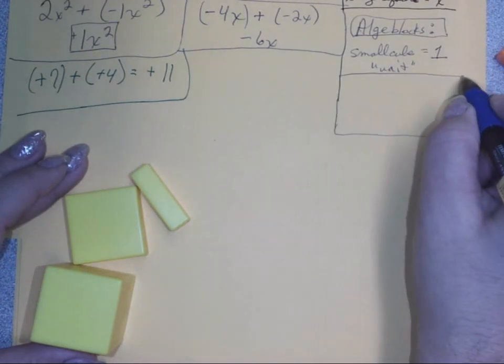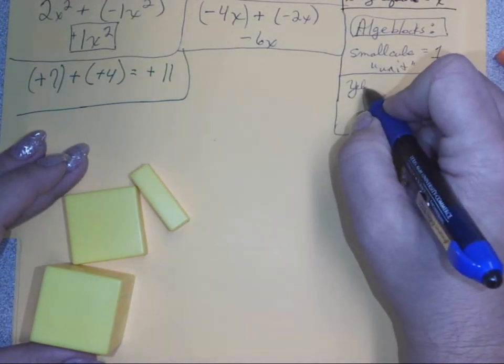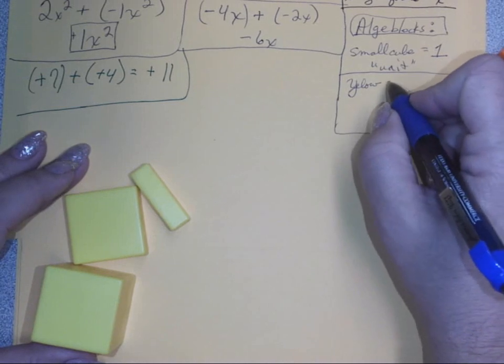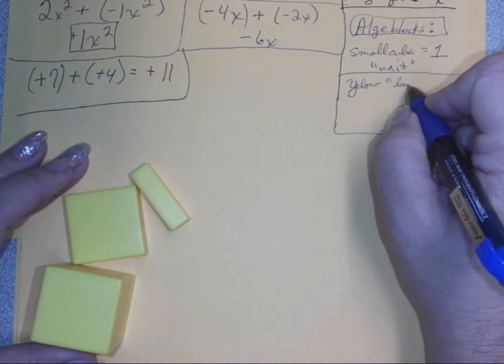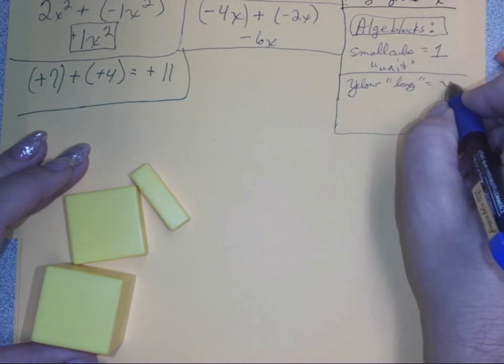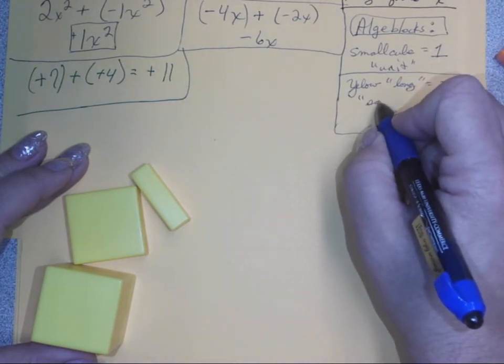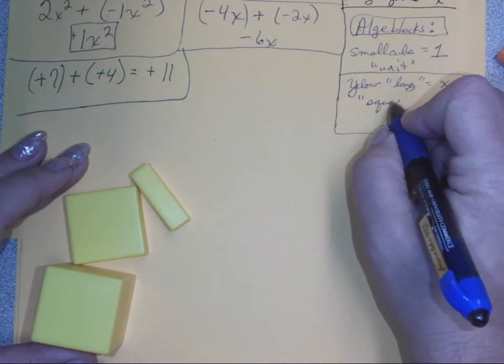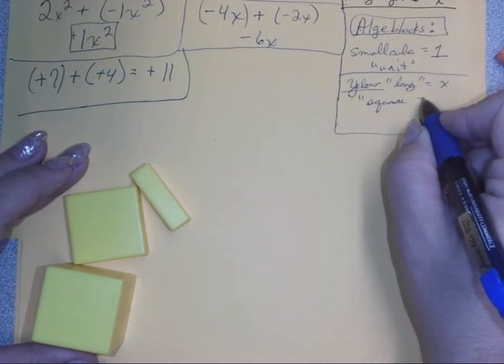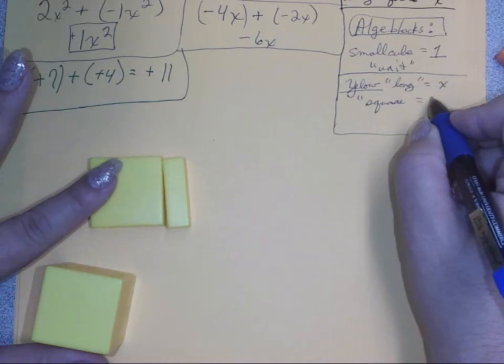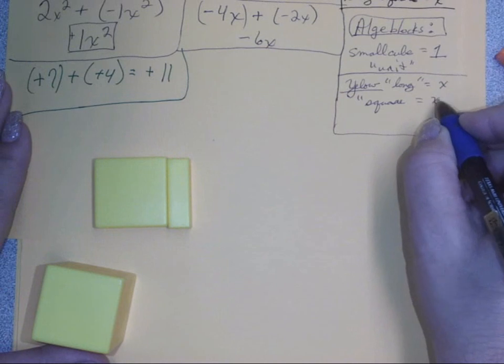So I have yellow things, and I'm going to call the long equals the x. The yellow square is equal to, we said this was an x times an x, so it's x squared.